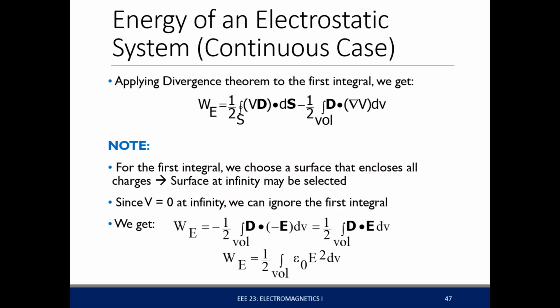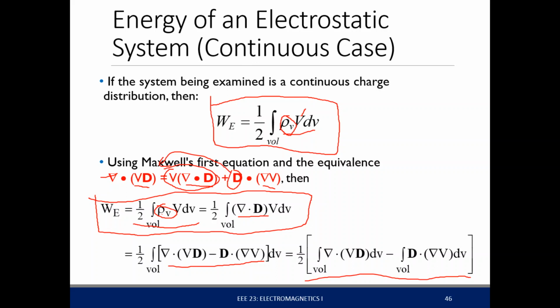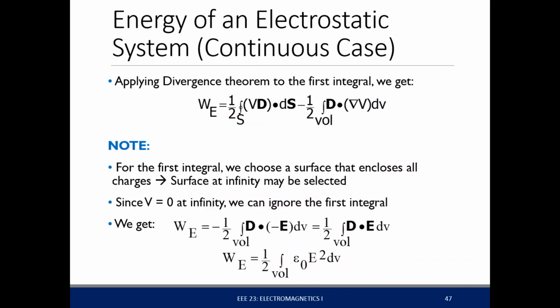You apply the divergence theorem to the first term in the integral right here. So we get the closed surface integral of this expression, your scalar field multiplied by your vector field D. Some notes: for the first integral, we chose a surface that encloses all charges.